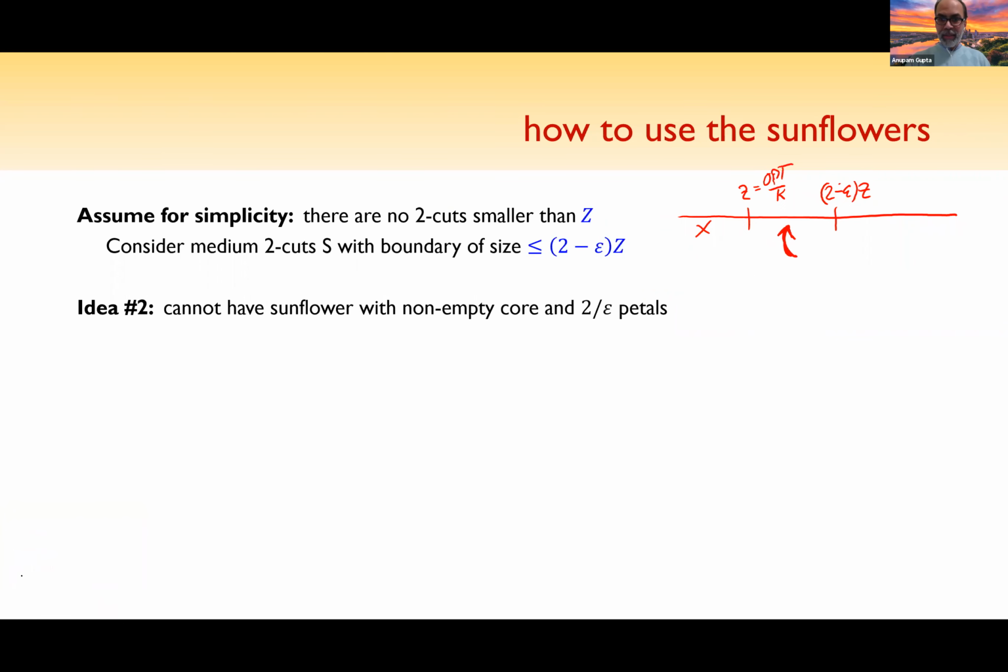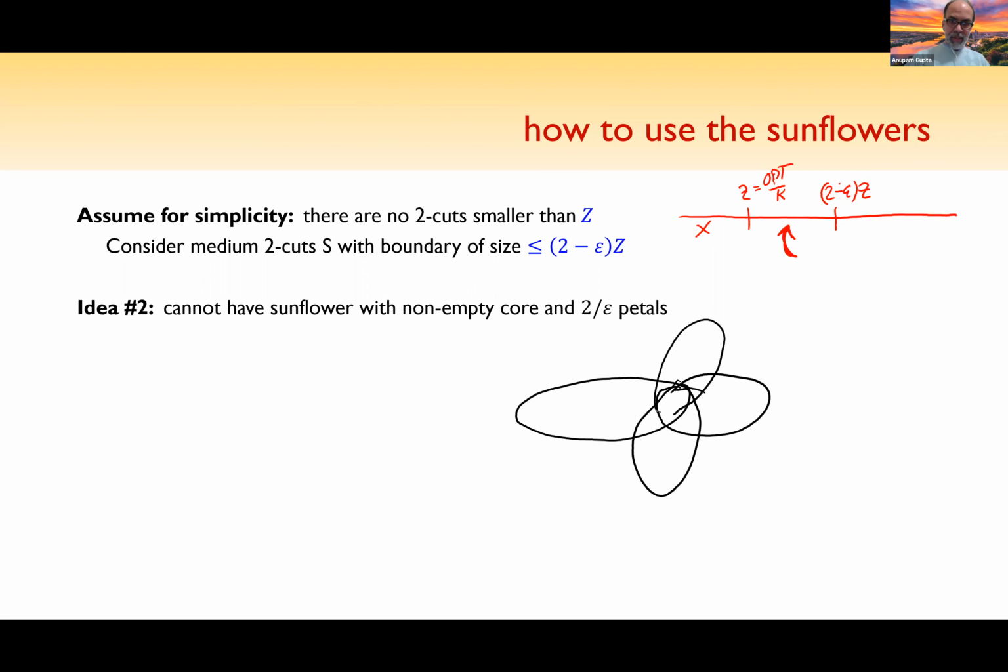So let's look at a sunflower. Suppose, for contradiction, I had a sunflower like this. There's the core, and there are the petals. Maybe I'll put the petals in a different color, green. Doesn't seem zoologically correct, but let's not worry about that.